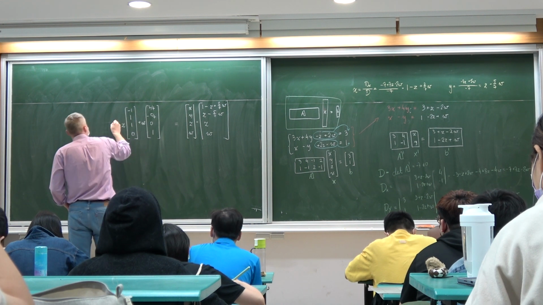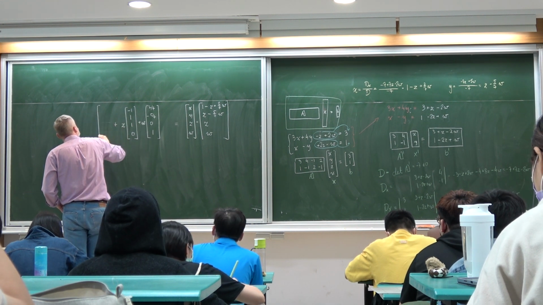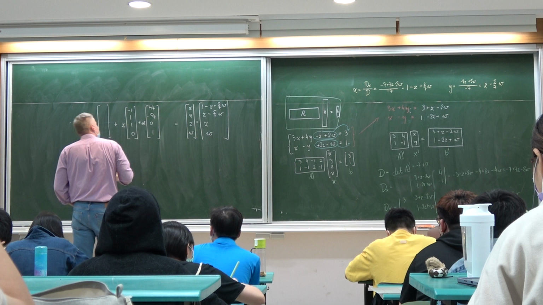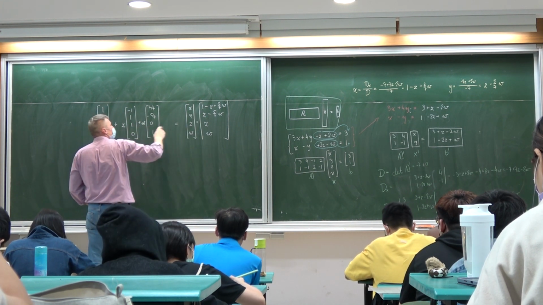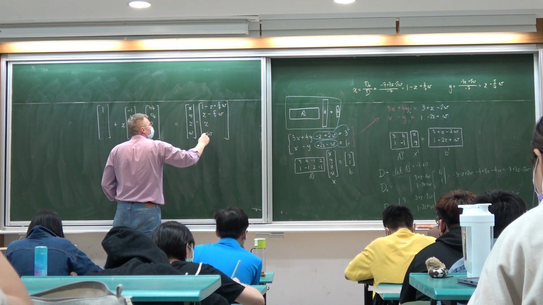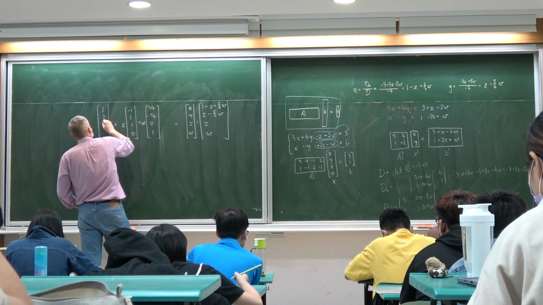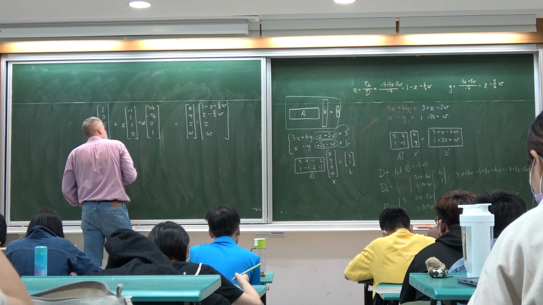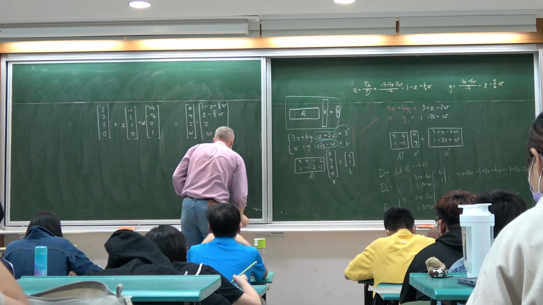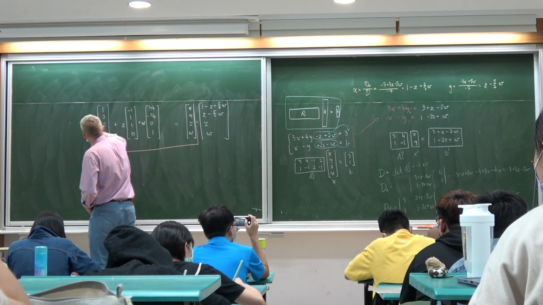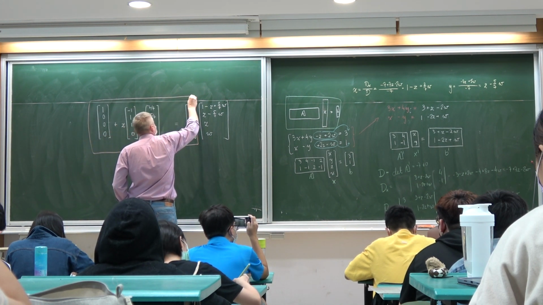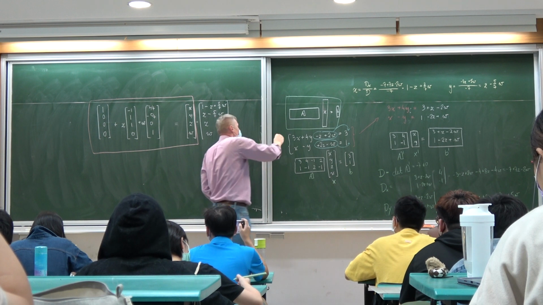On the top of this, there is a vector that doesn't contain z and w at all. So here is 1. Here there is nothing, nothing, and nothing. 0, 0, 0. And that thing is the real solution of the problem that we started with.